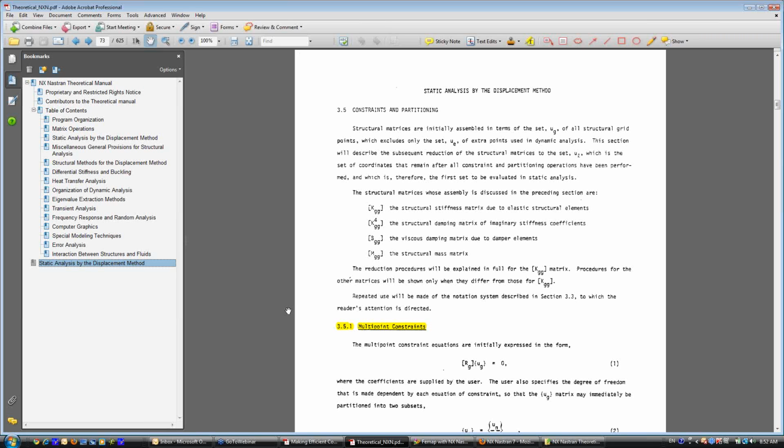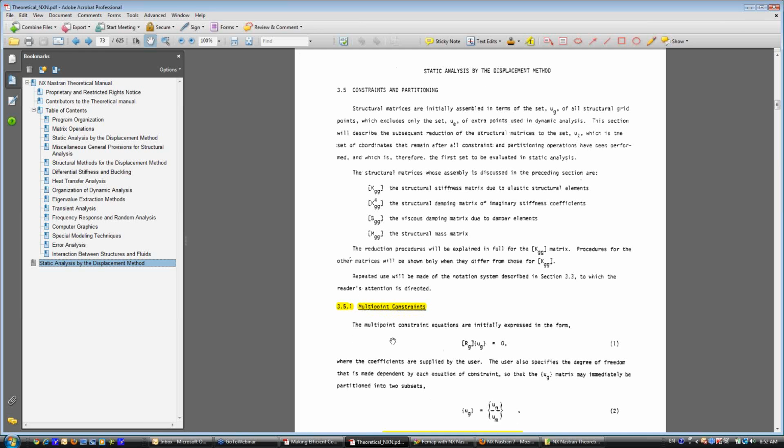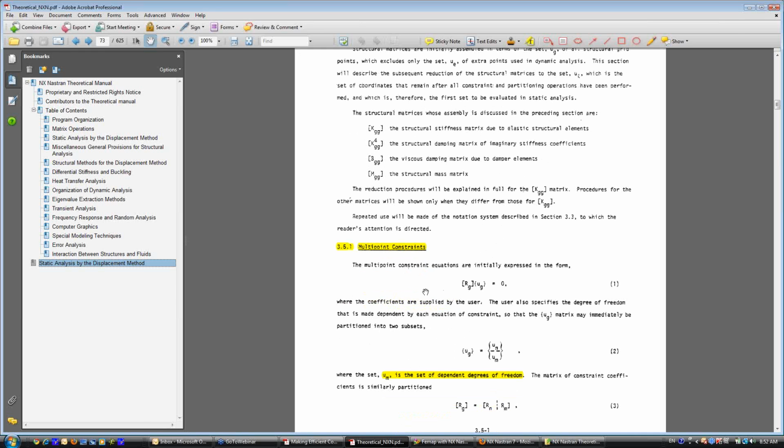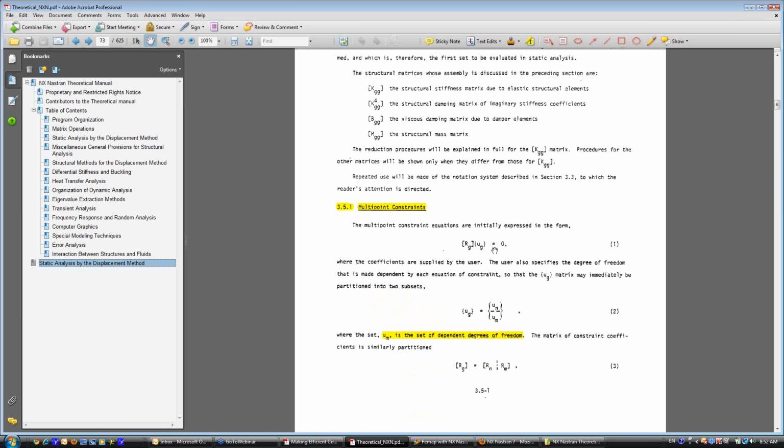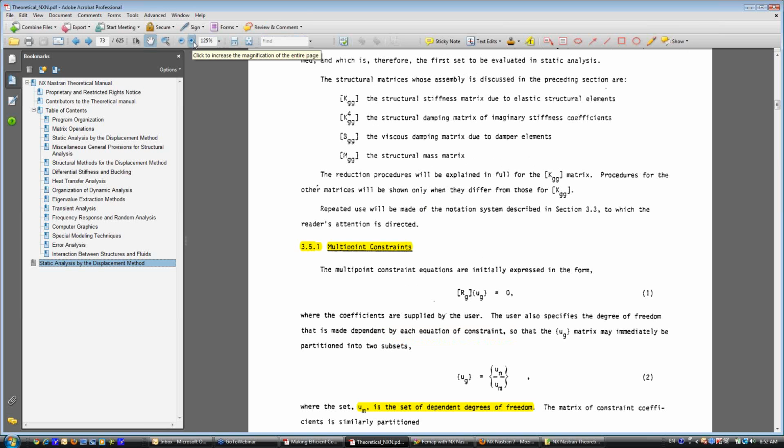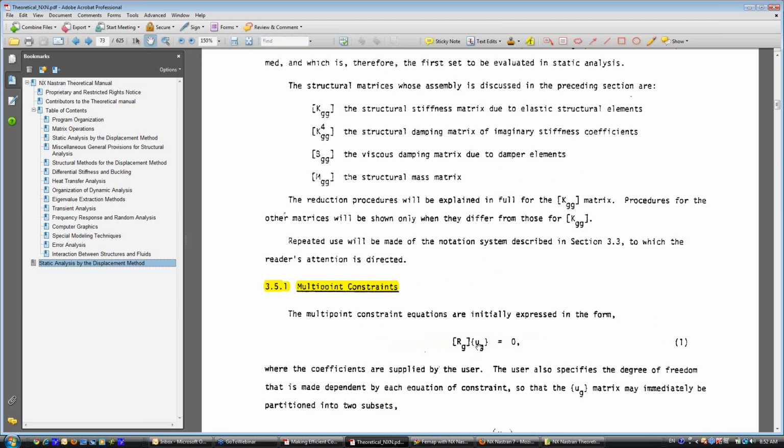We're assembling stiffness terms, K, and then we're multiplying it by a displacement matrix is equal to the forces on the structure. Our unknowns are the displacements. And for multi-point constraints, they're assembled like this. Here are where the coefficients are supplied by the user, RG, and here are the nodal constraints, UG.